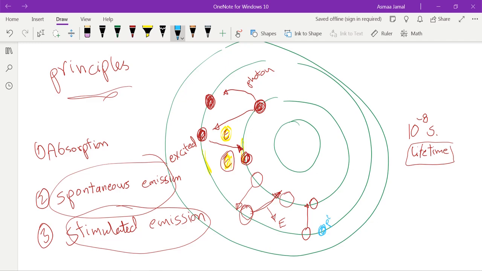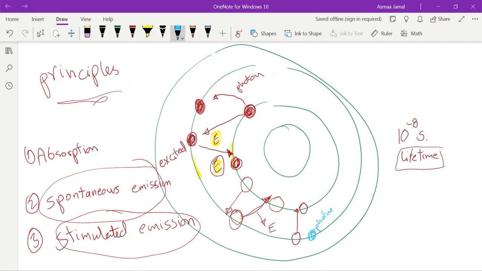That photon contains energy. It will interact with that excited electron to return it to the ground state before the end of the lifetime. And when that excited electron returns to the ground state, that will give another photon.